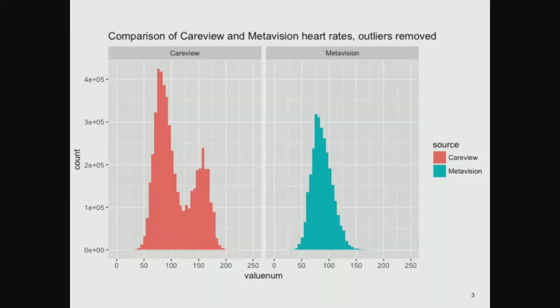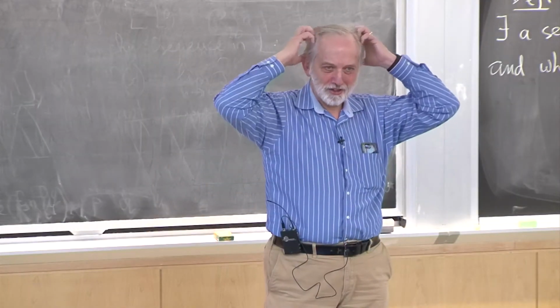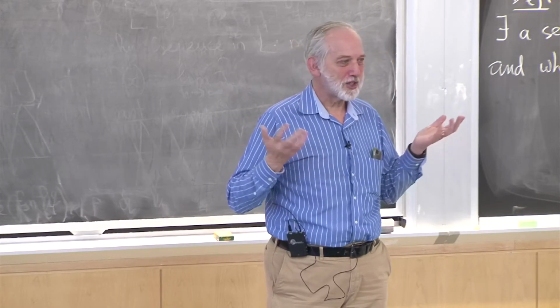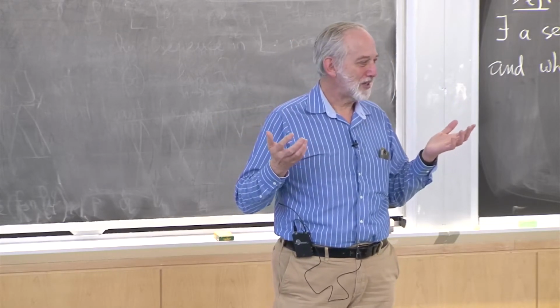So then I looked a little closer and I said, what do the heart rates look like from these two systems? If you look in CareView, you see the picture that I just showed you, and if you look in Medivision, you see this other picture which looks more like what you would normally expect. And so I'm sitting there scratching my head going, okay, there must be some difference between these.